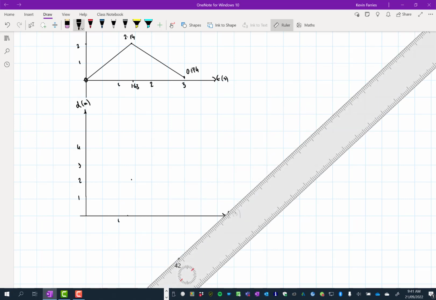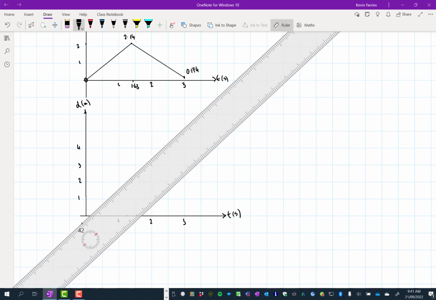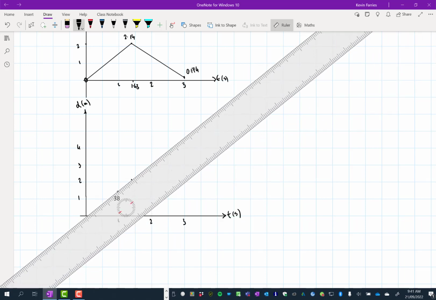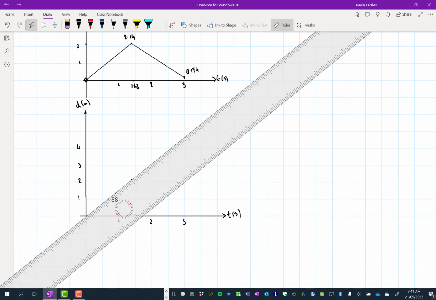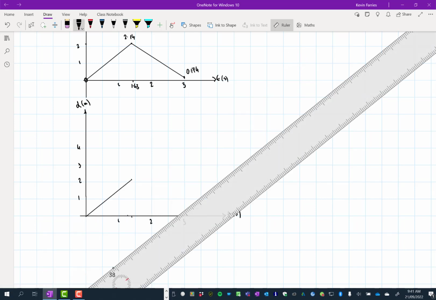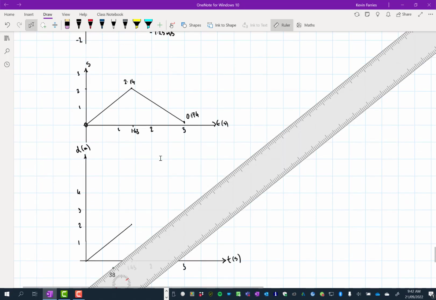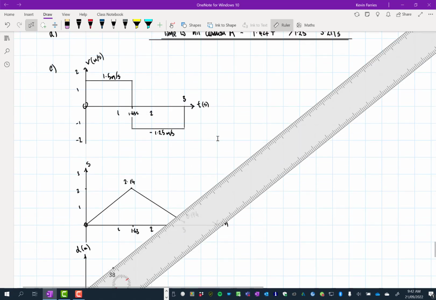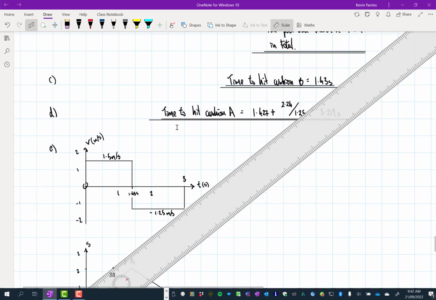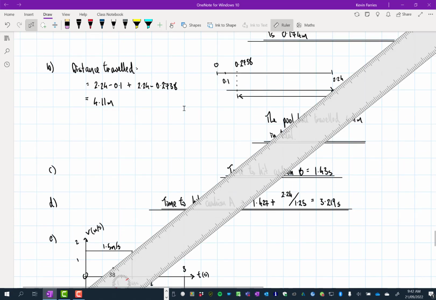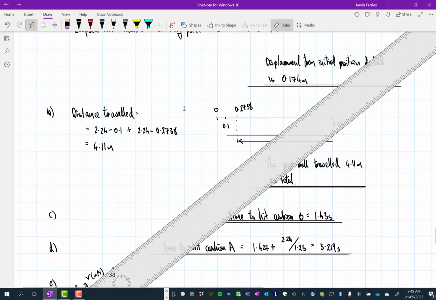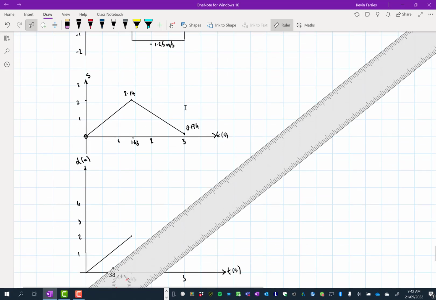So this is 1, 2, 3 seconds. It's going to start off pretty similar to what we had last time, 1.43. Then the difference is that it's going to keep going positive. So the distance is still increasing. It's going in the other direction, but distance doesn't care about that. We did calculate previously the total distance travelled, 4.11 meters.